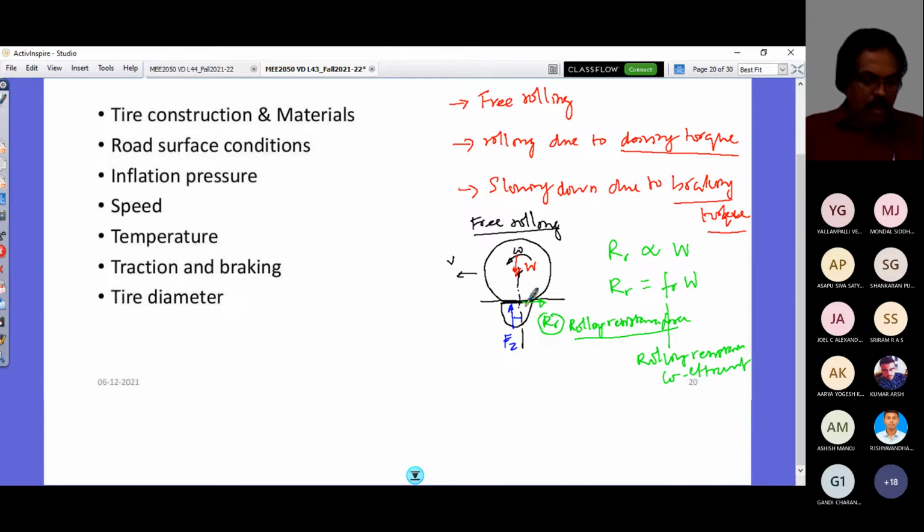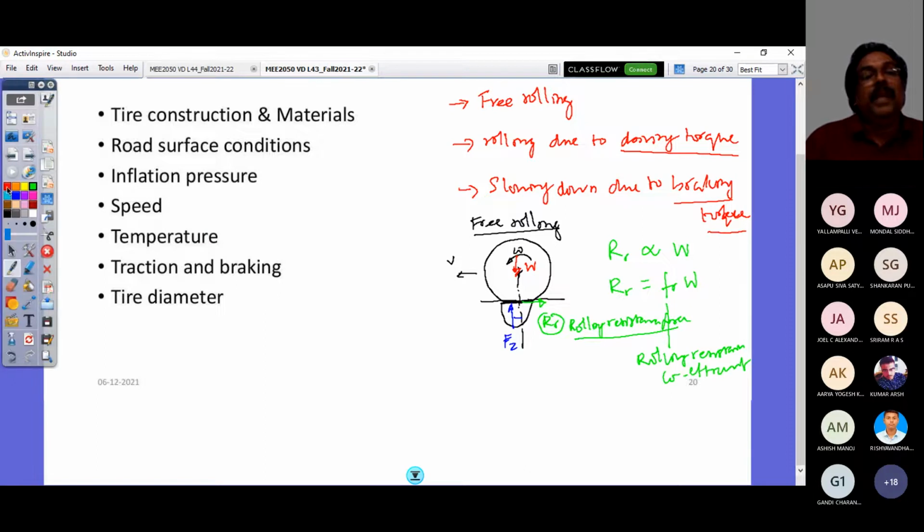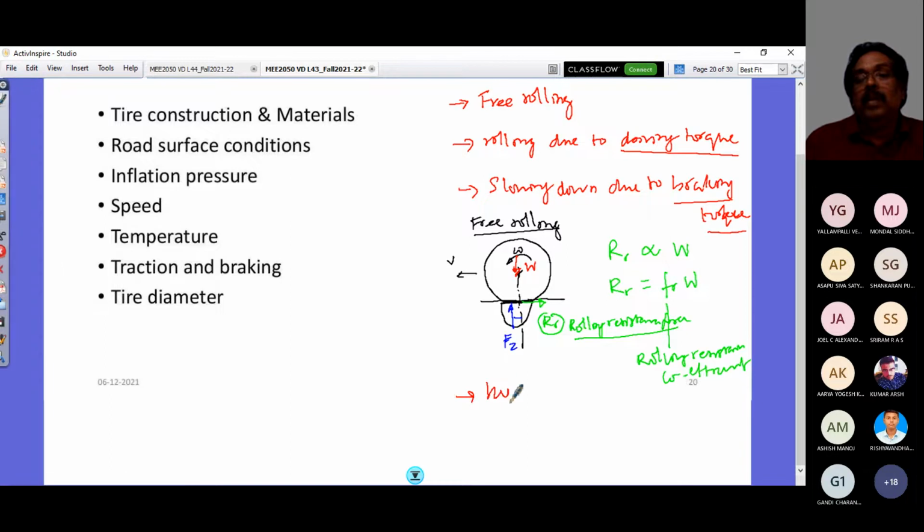Yes. So this is because of the hysteresis of the tire material due to deflection of the carcass while rolling. So the basic mechanism of this is the hysteresis present in the tire material.